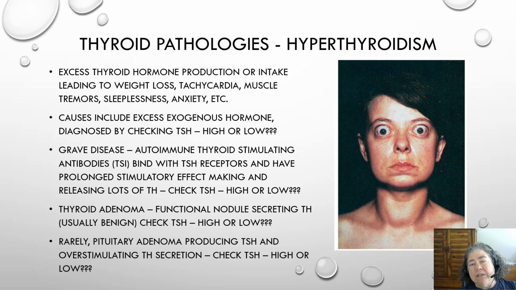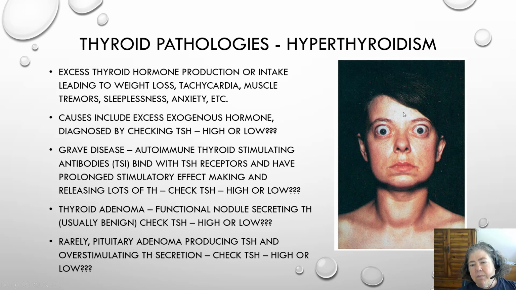And when you produce excess thyroid stimulating hormone, you're going to overstimulate the thyroid gland and make a lot of thyroid hormone. In this case of hyperthyroidism, if you drew blood and checked a TSH, would it be high or low? And by definition, it would be high because it's TSH that's causing the hyperthyroidism in this case.